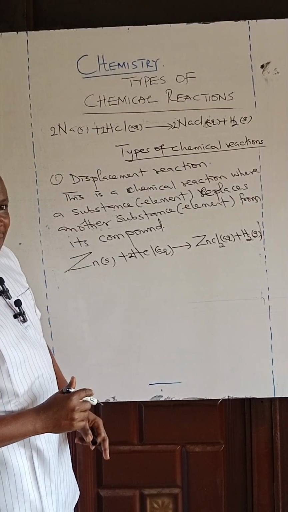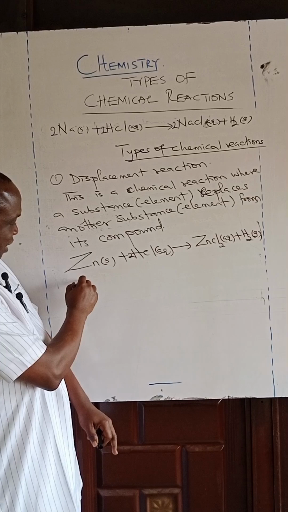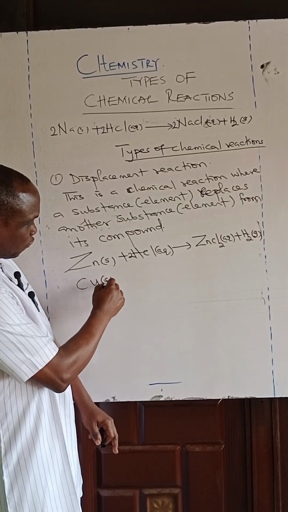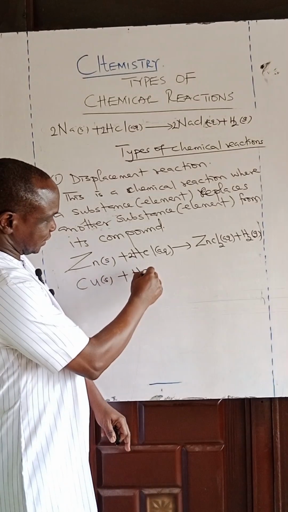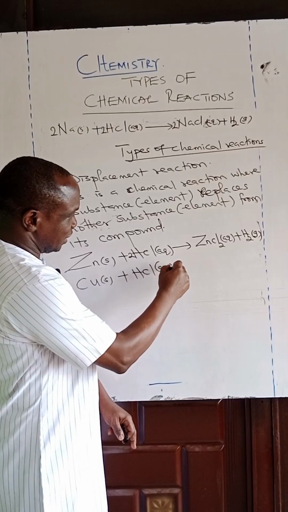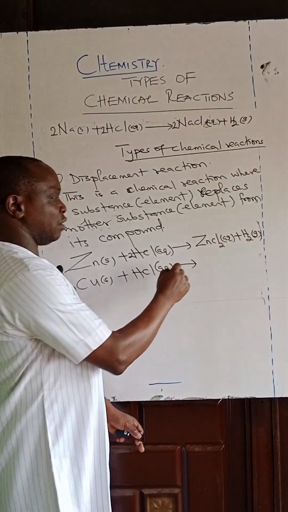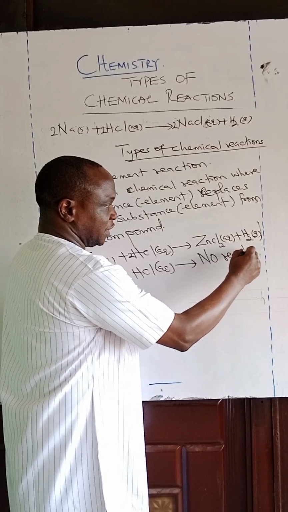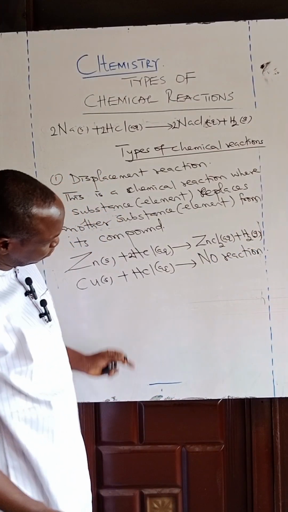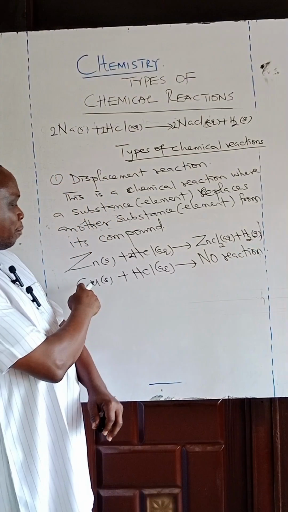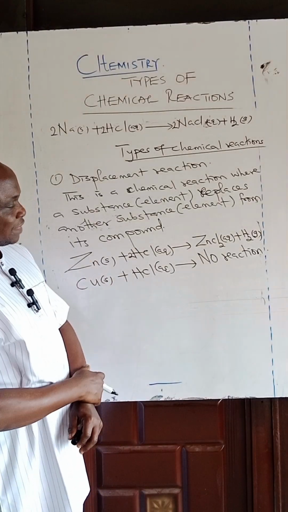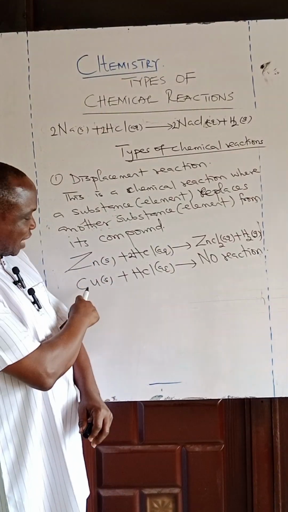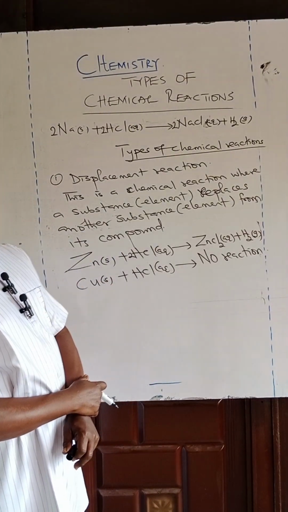And in displacement reaction, we have to be very careful. Let's see another equation that involves copper plus HCl aqueous. In this regard, there is no reaction here, because copper can never displace hydrogen, as copper is below hydrogen in the electrochemical series.